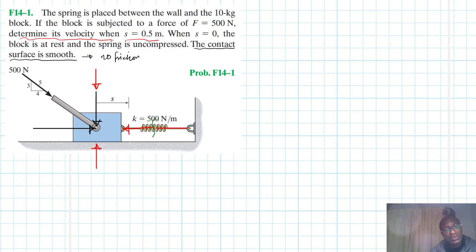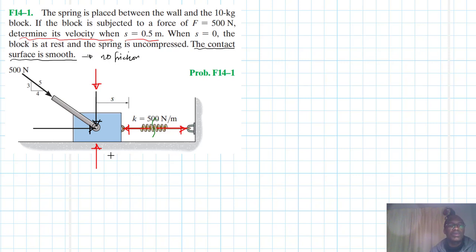We've been told that when the system is at rest, the spring is uncompressed, therefore we will not expect any force from the spring. This force will only come into action when the spring gets compressed.